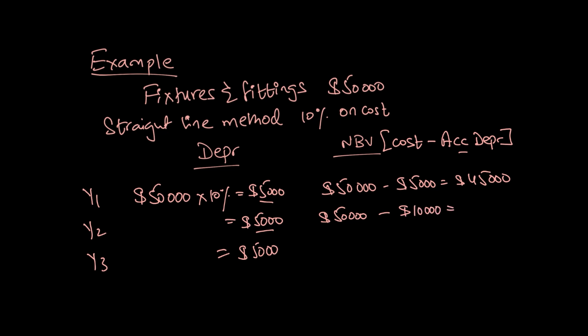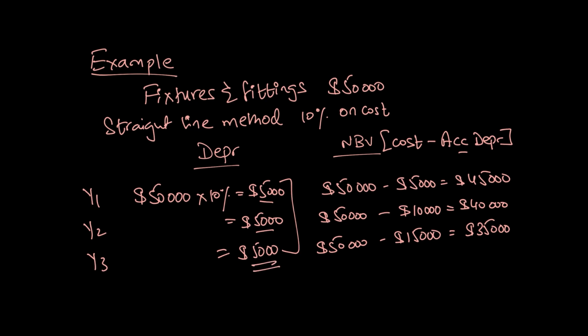This becomes $40,000. Similarly, in year 3, 50,000 minus 15,000 accumulated depreciation becomes $35,000. So the net book value will change, but the depreciation amount will be constant over the years. That's the straight line method.